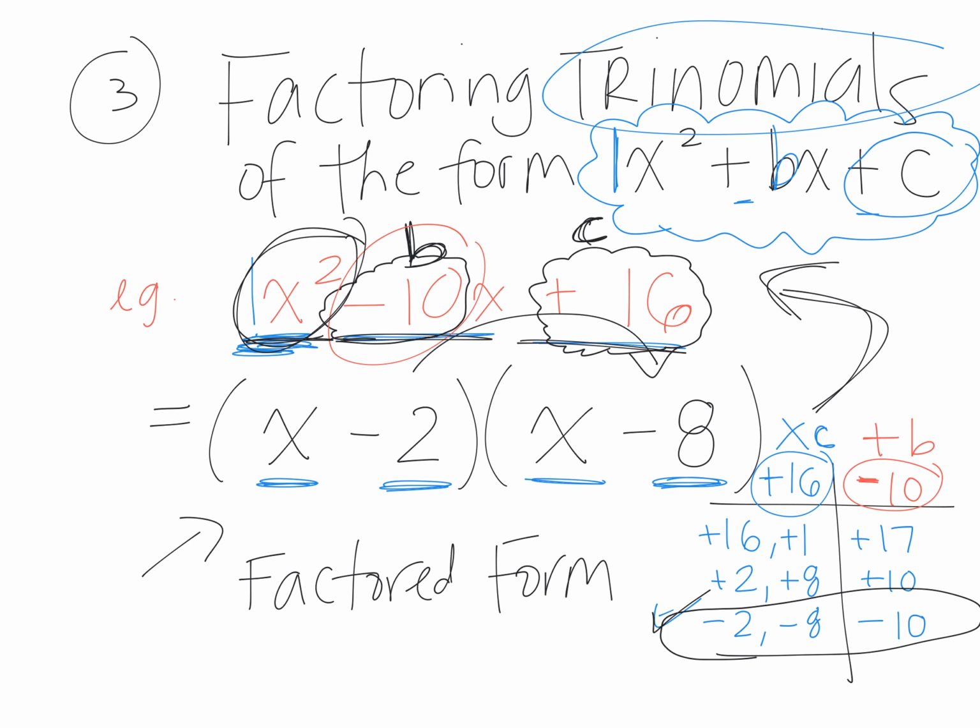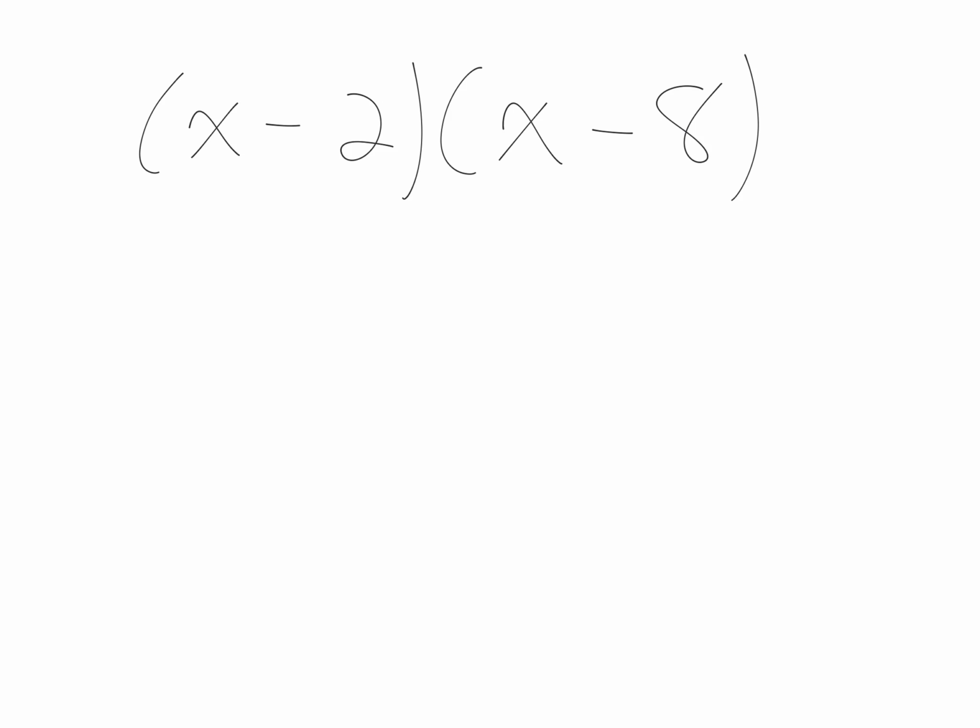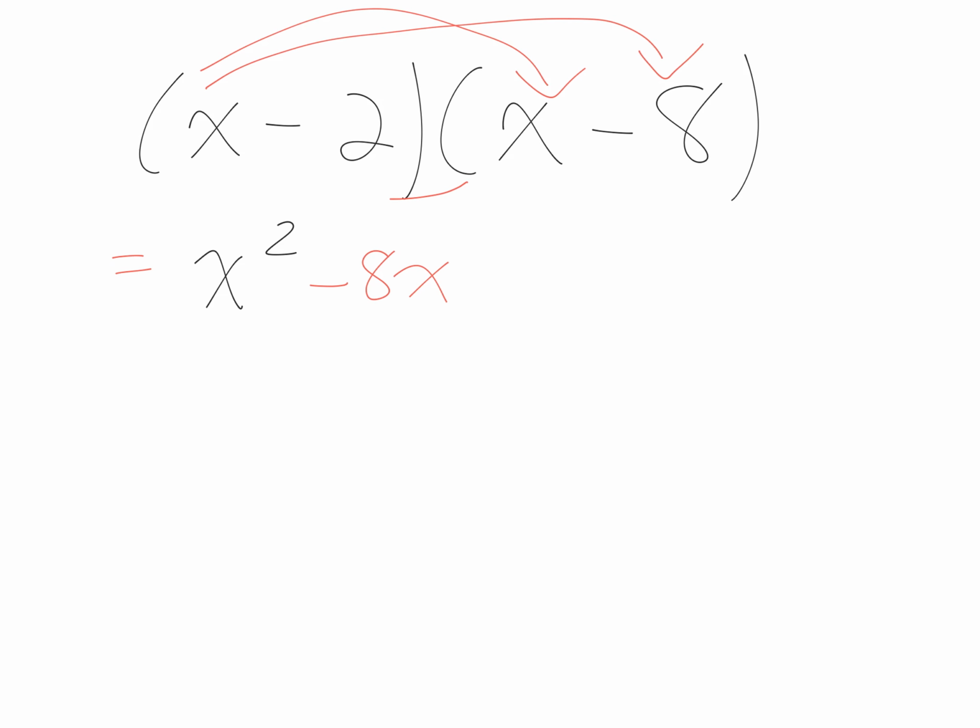And we're going to check that answer. We're going to check to see if this is true. Let's work backwards. Let's multiply. What's x times x? What is x times negative 8? Negative 8x. What is negative 2 times x? Negative 2x. What is negative 2 times negative 8?